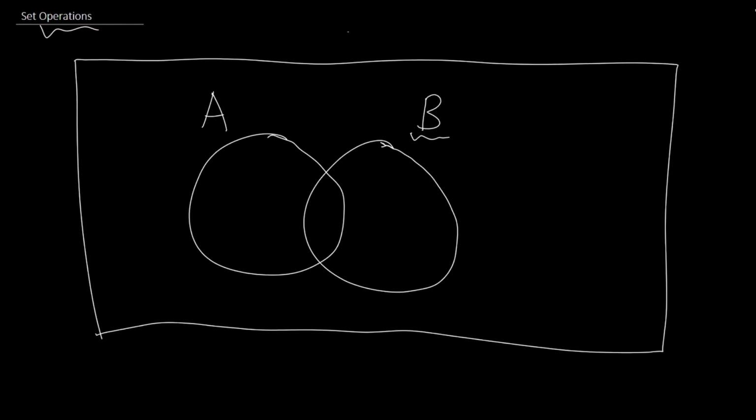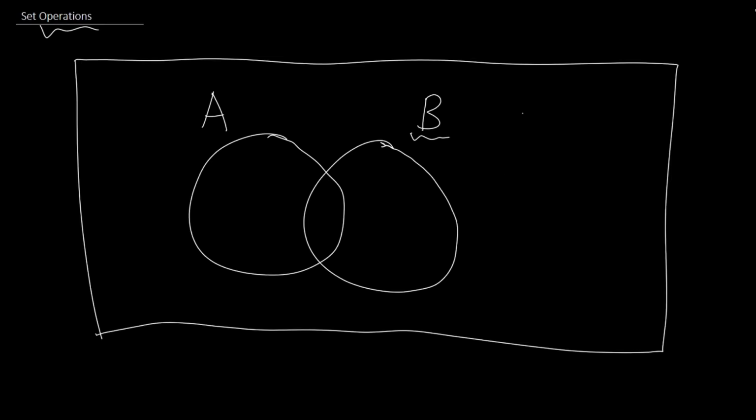We can also visualize complicated set operations with the Venn diagram. What I mean by that is we can combine set operations in a combo sort of fashion.